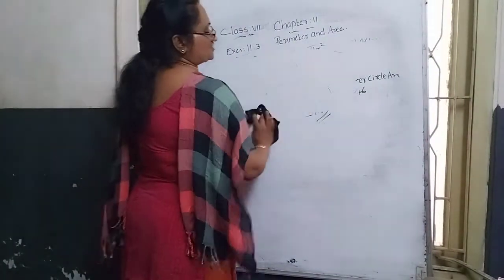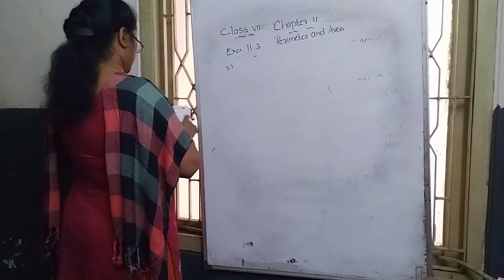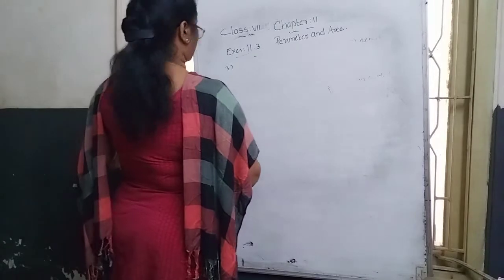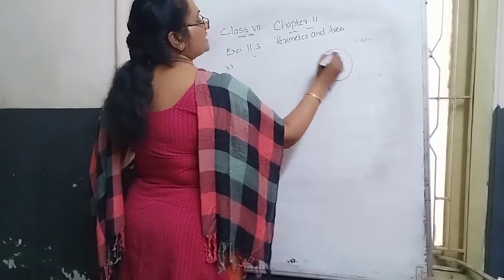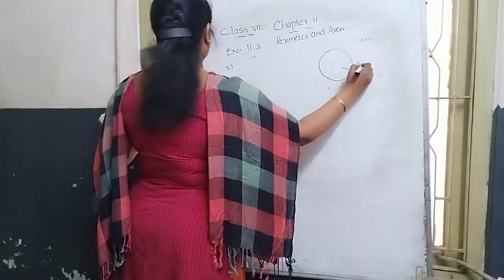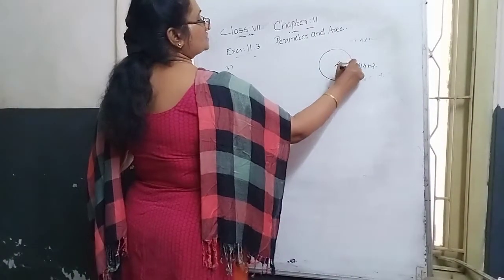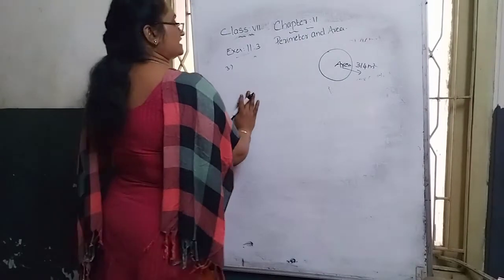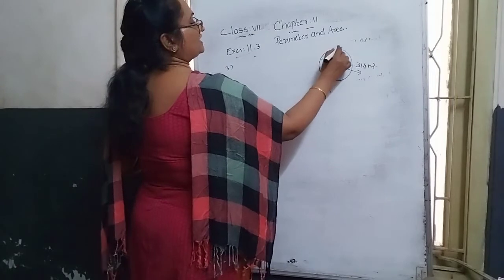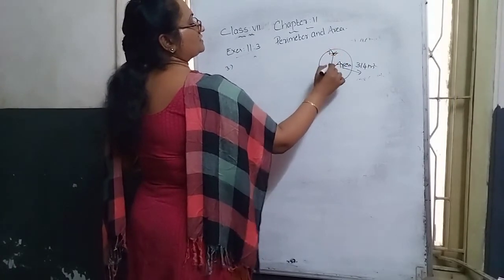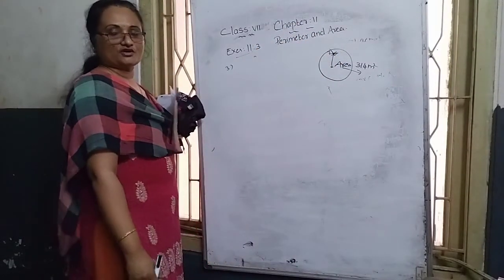Next we go through the third question. In the third question, they say that a circular flower garden, a circular shape flower garden, has an area given there, 314 meter square. The area is given directly. A sprinkler is fitted in the middle of the circular garden. Sprinkler means water. When they switch it on, water will spread on all sides of the garden.